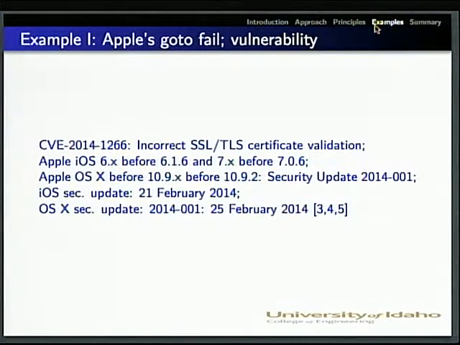They issued a security update for iOS on February 21st. This vulnerability was first reported, it's not clear, but some people believe at the end of January. And then the update for OS X was pushed on February 25th. It was actually the first update of 2014.